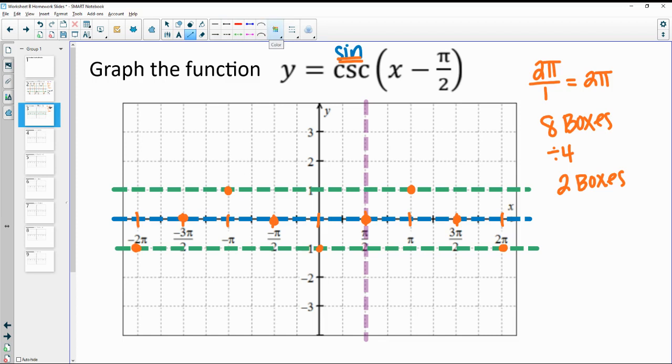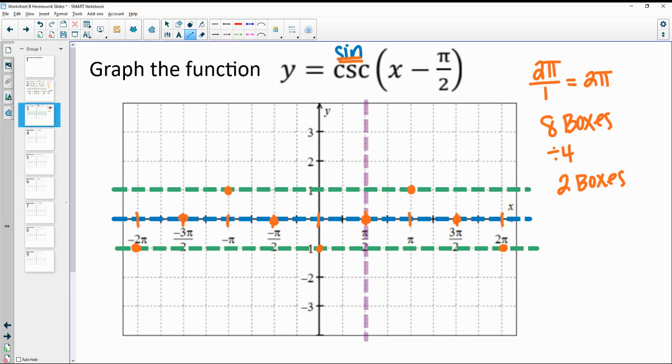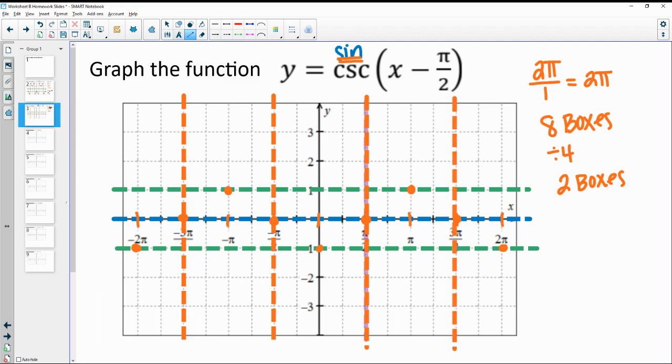Then again, everywhere that we have a middle, the reciprocal of 0 is undefined. So we're going to have an asymptote for our cosecant function. So everywhere sine was 0, cosecant is going to be undefined.